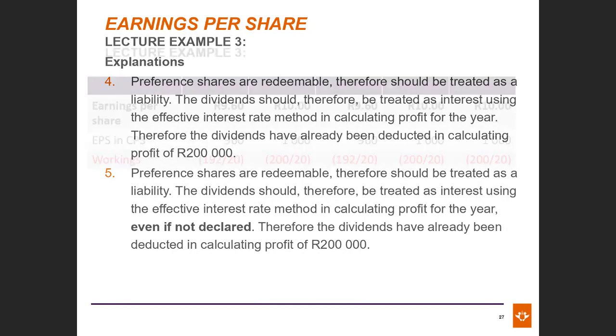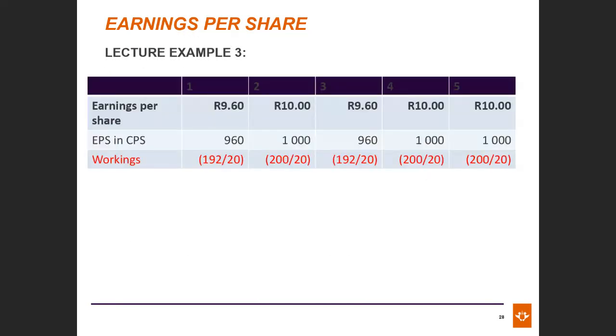Okay. So then if we go to the next slide, this just shows the earnings per share under each of those scenarios. So remember, we calculated in scenario 1, the basic earnings was 192,000 and there were 20,000 shares. Therefore, the earnings per share would be R9.60 or 960 cents per share.